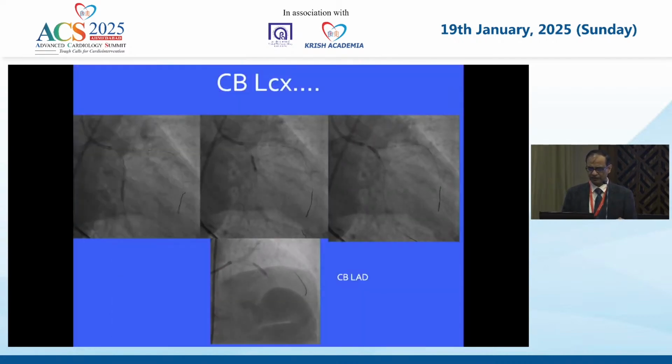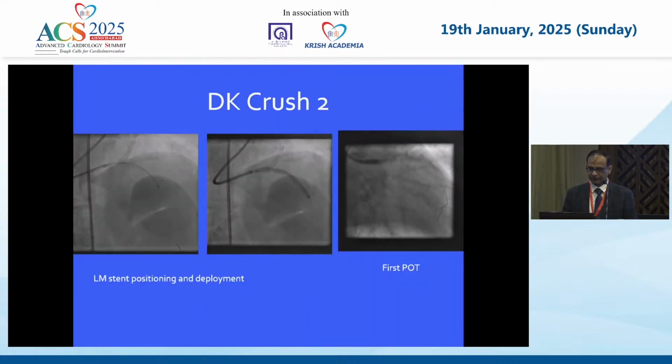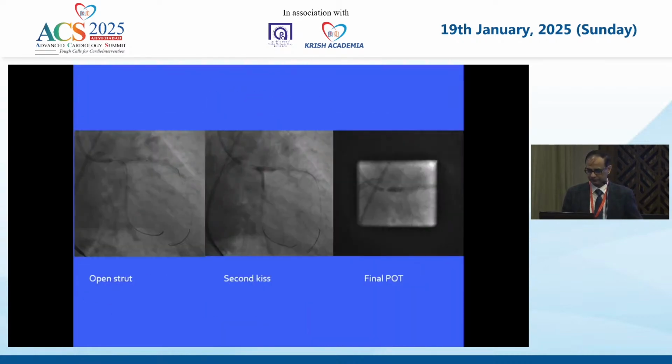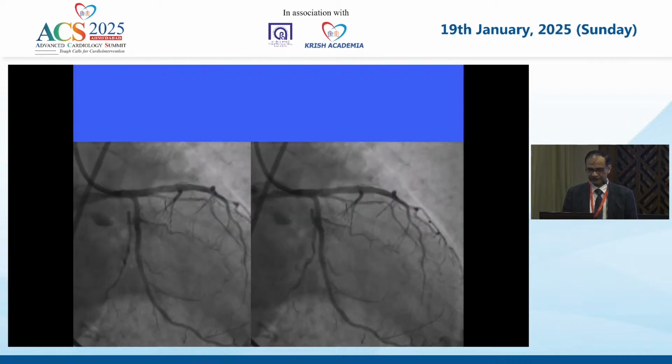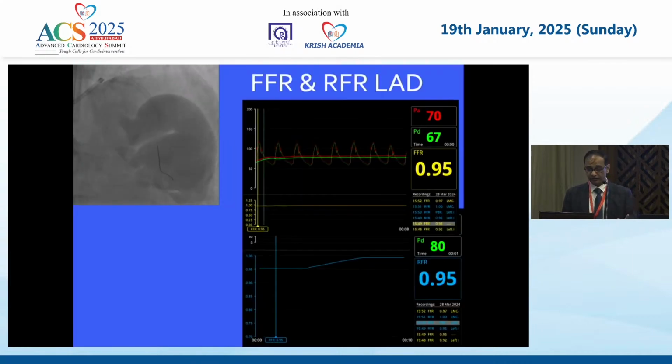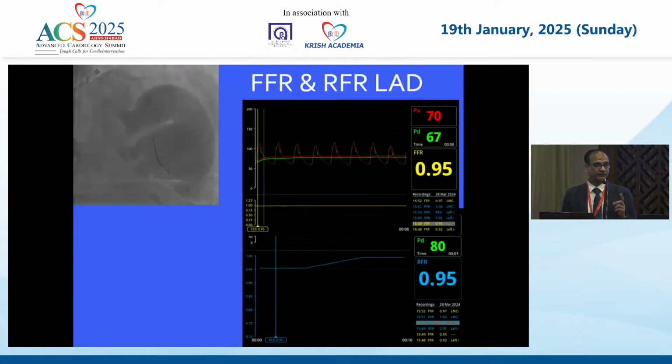It's not really required. We finish with the DK crush. And at the end, that's our final result. And then you finish this with a post-PCI FFR and an RFR. And you see that our FFR to the circumflex is 0.97, the RFR is 1, and to the LAD is 0.95 and 0.95 respectively.